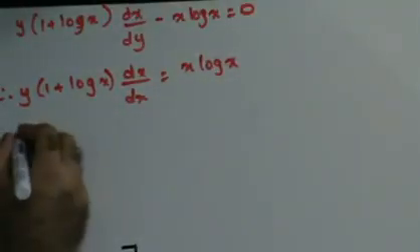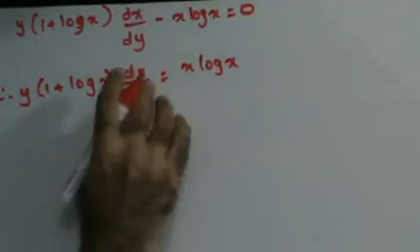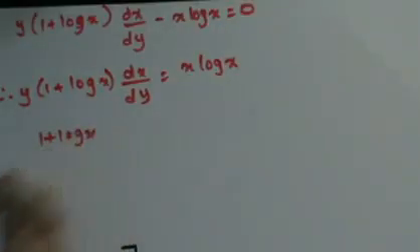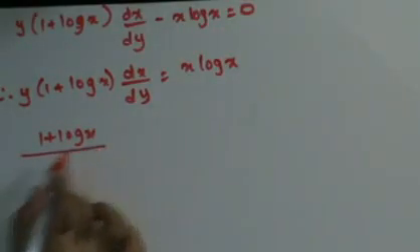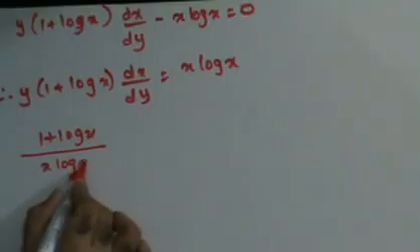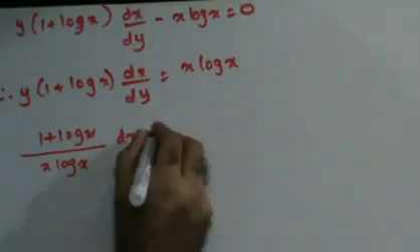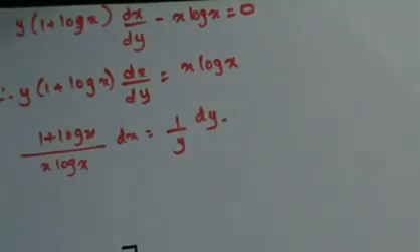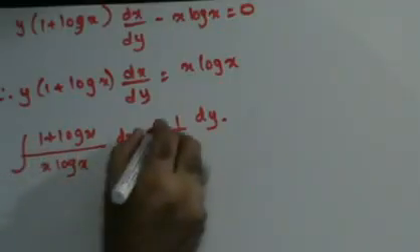In which case I can say that 1 plus log x upon x log x dx is equal to nothing but 1 upon y dy. Here integrate both the sides.